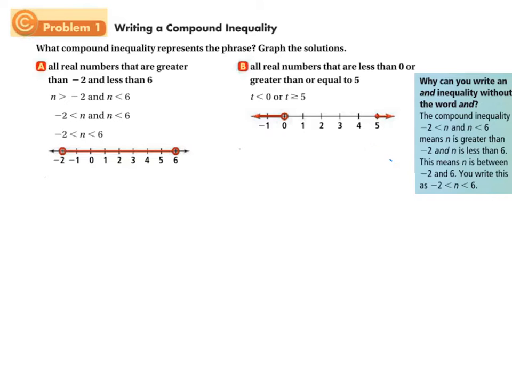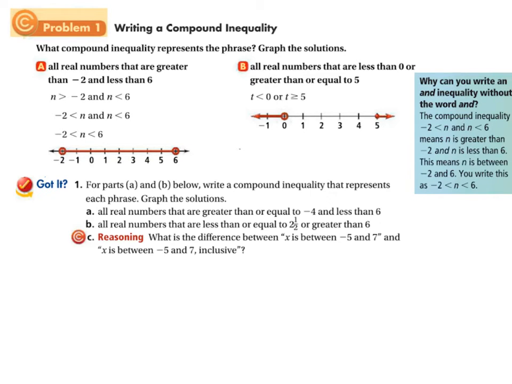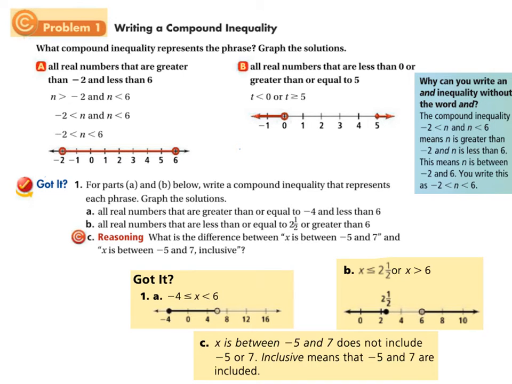What do we have as your "got it" problem? Okay, there's 3 parts to this. See how you do on each part. And by the way, I just wanted to point out here that where it says inclusive means the endpoints count.